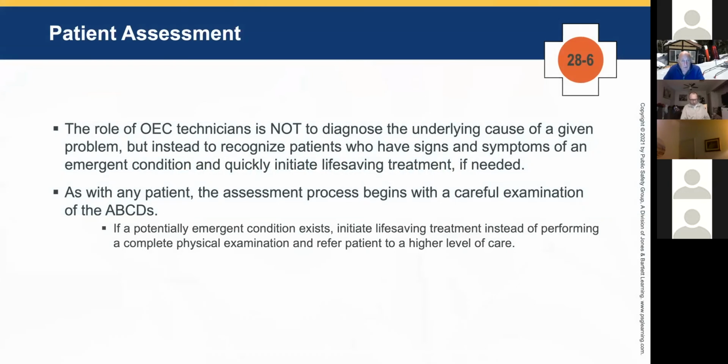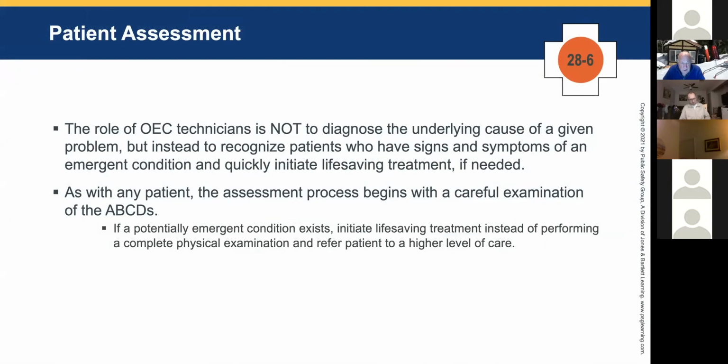The role of OEC technicians is not to diagnose the underlying cause of a problem, but instead to recognize the signs and symptoms of an emergency condition and quickly initiate life-saving treatment if needed. As with any patient, the assessment process begins with a careful examination of the ABCDs.